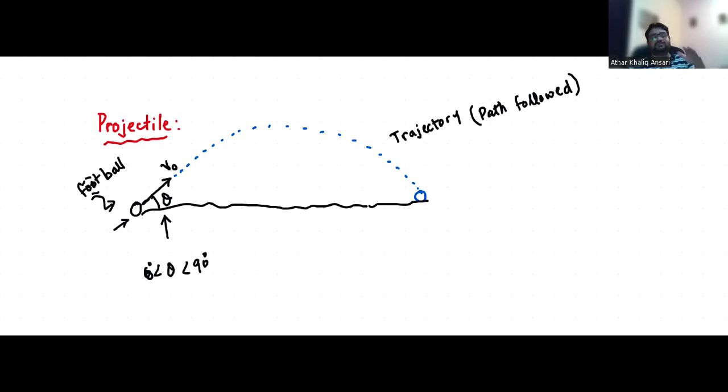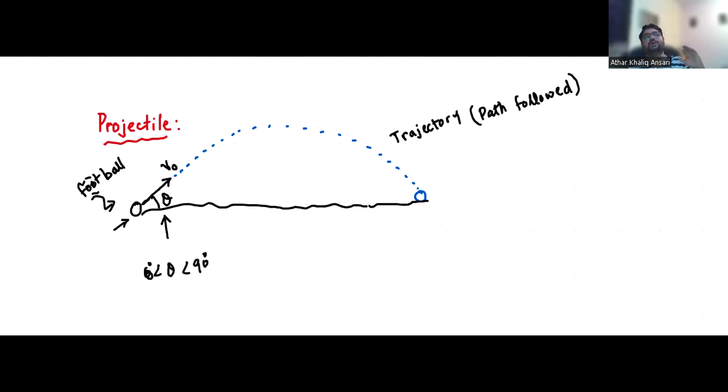So if your angle is between 0 to 90, this projectile will move forward and upward as well as downward. So this football that was kicked at some initial angle between 0 to 90, and it was initially having initial velocity v naught, has two-dimensional motion.